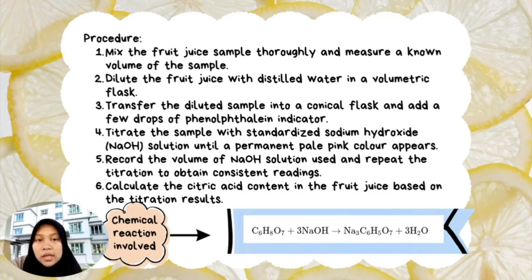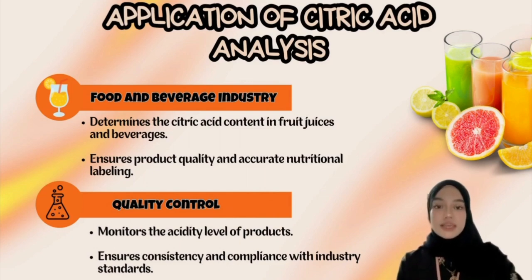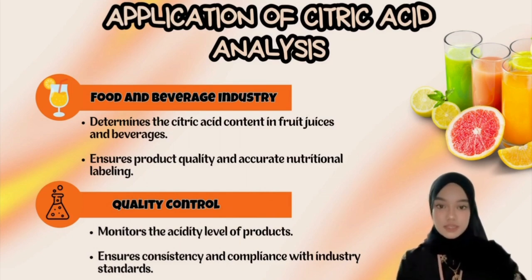Finally, the citric acid is calculated based on the titration data. The reaction involved is the neutralization between citric acid and sodium hydroxide, and it will be producing sodium citrate and water.